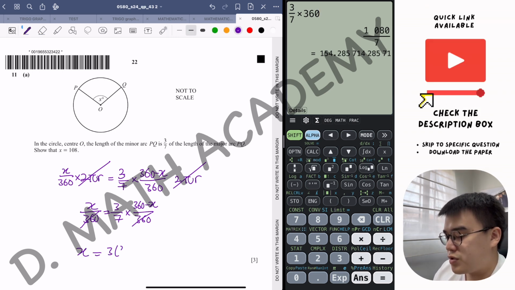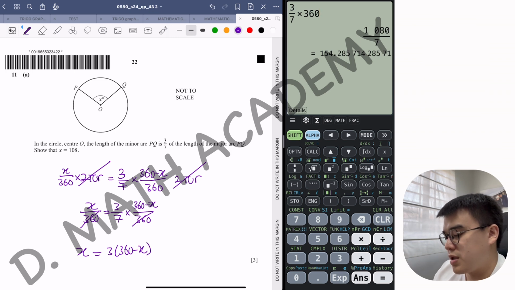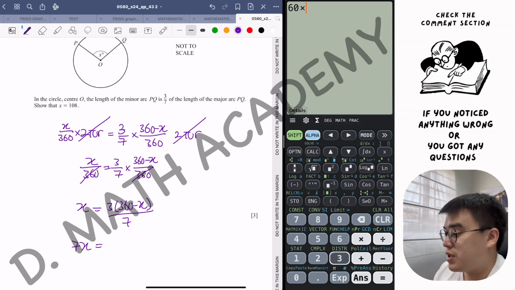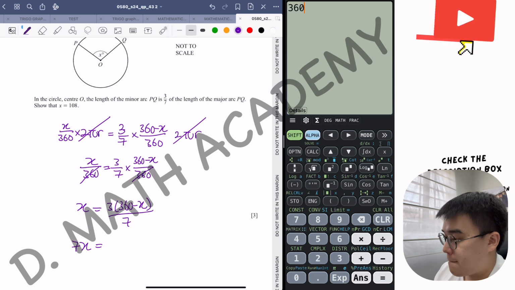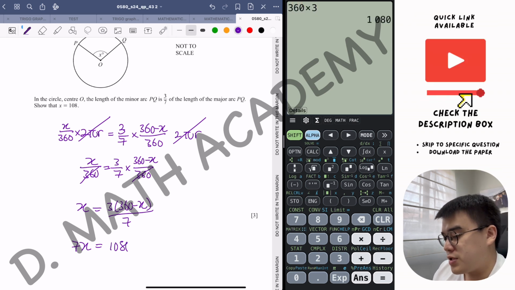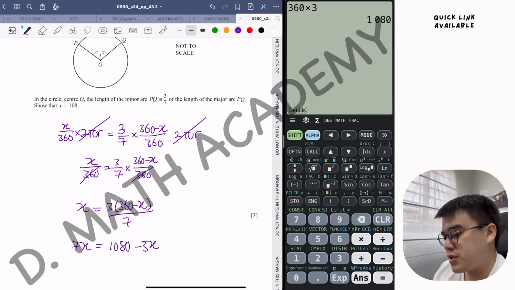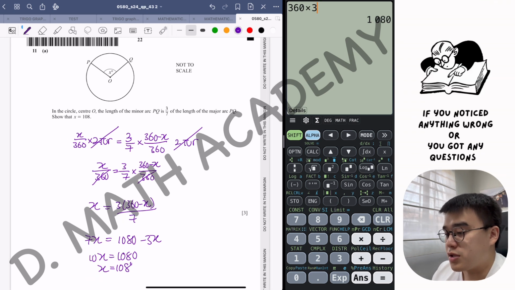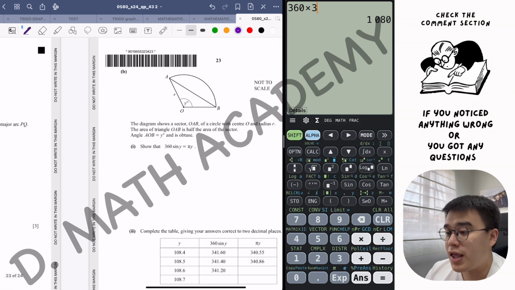You have 360 minus x over 7. So I will bring the 7 here. 360 times 3. 1080 minus 3x. 10x equals to 1080. x will be 108. Okay, so this is how you prove your 11A.